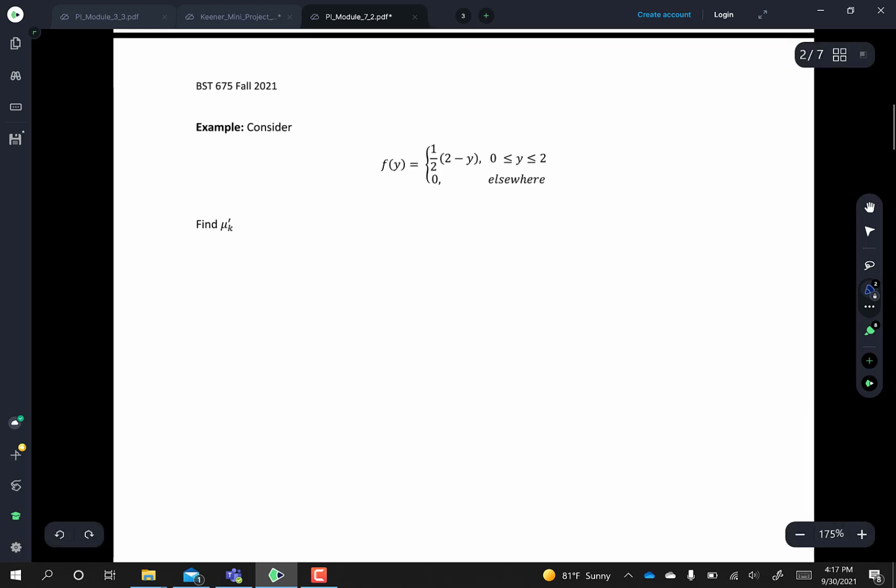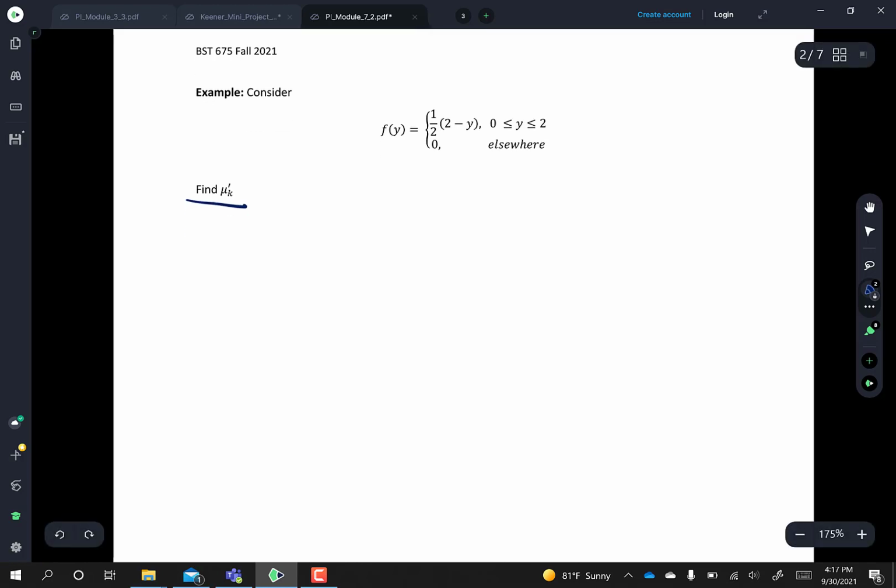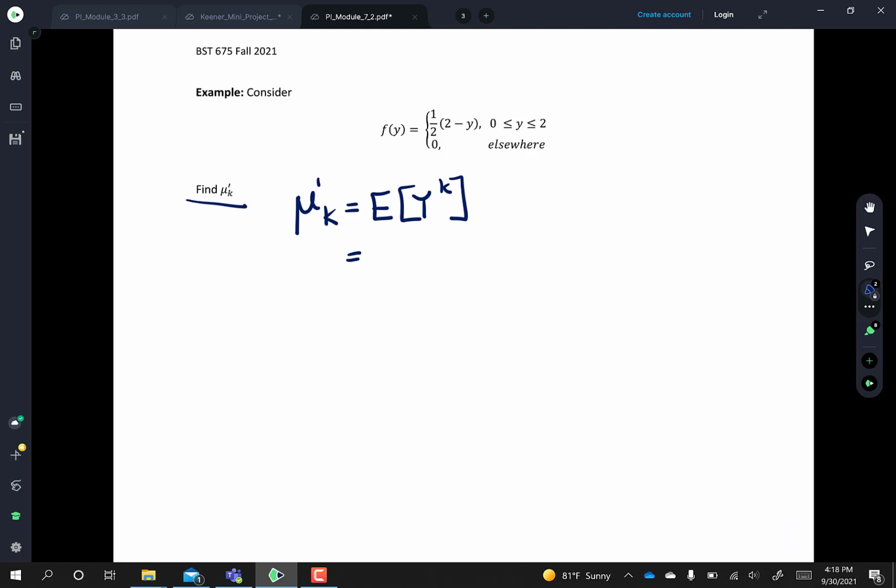So consider this distribution that we have right here. Let's first go through and find the kth moment for this distribution. I should say that is the kth moment about the origin. So let's start here with the definition. Next we're going to apply our definition of expected value.